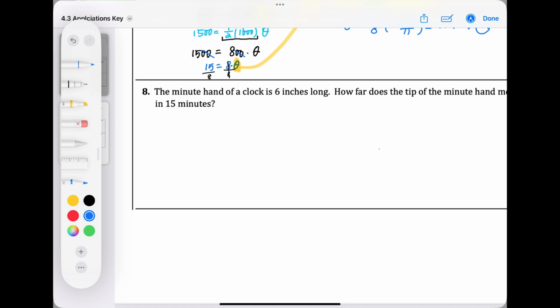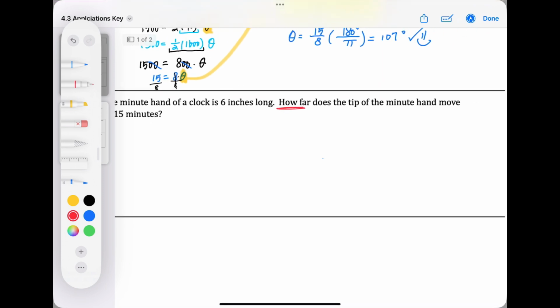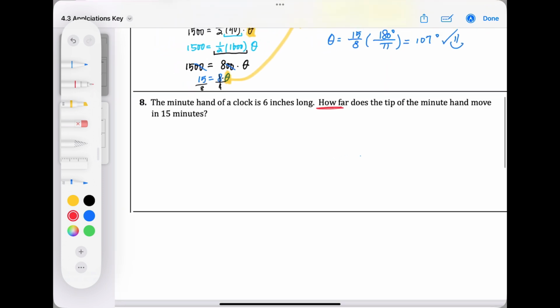All right. Number 8. A minute hand of a clock is 6 inches long. How far does the tip of the minute hand move in 15 minutes? Keyword: how far. So think about a clock. If you travel 15 minutes, now you can say that this will be 12, 1, 2, 3.